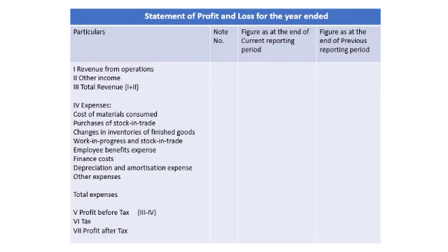So this is the format which you have to use. Columns number 1 and 2 are the sources of income, and column number 4 is related to expenses, and then the results can be derived as profit before tax and after tax.